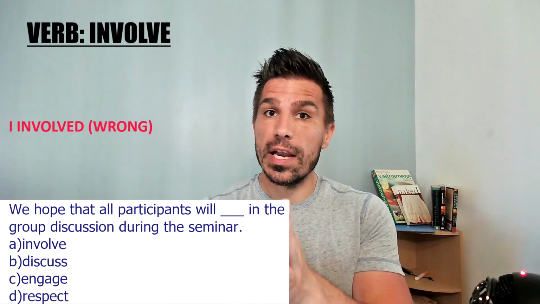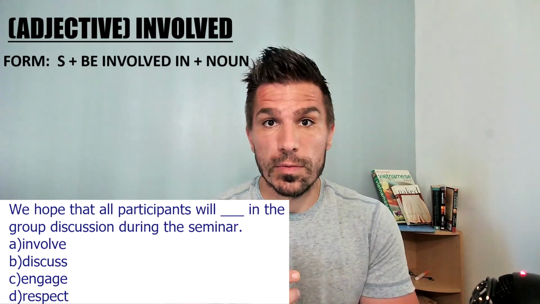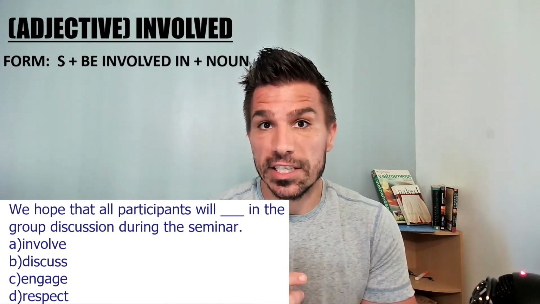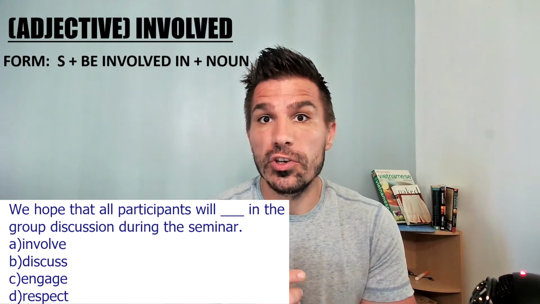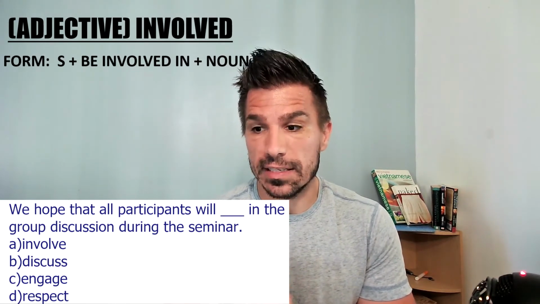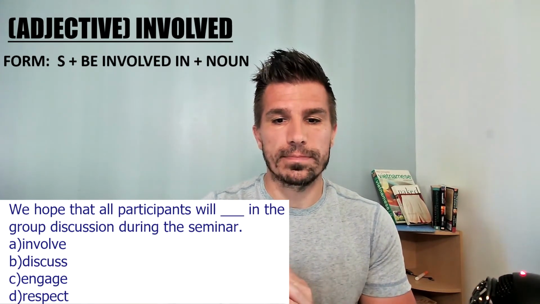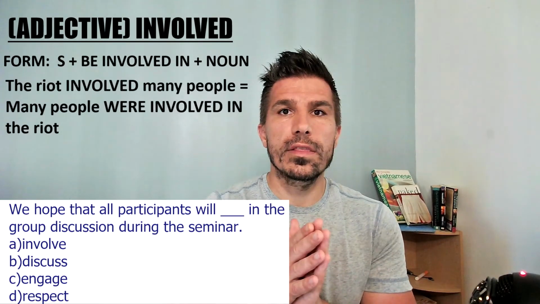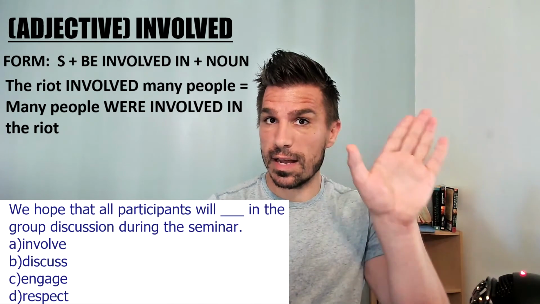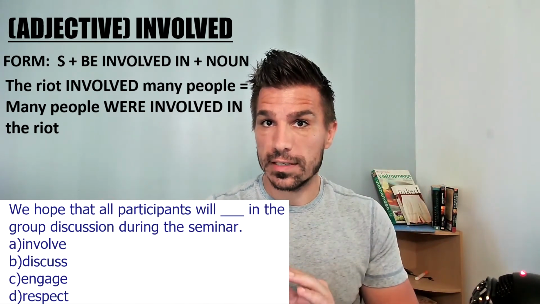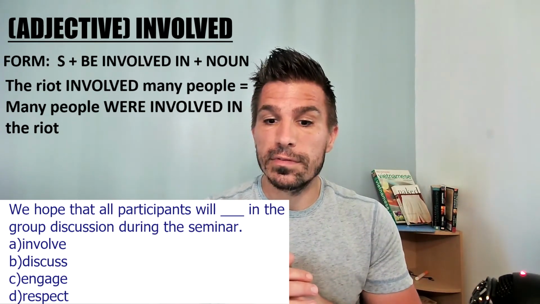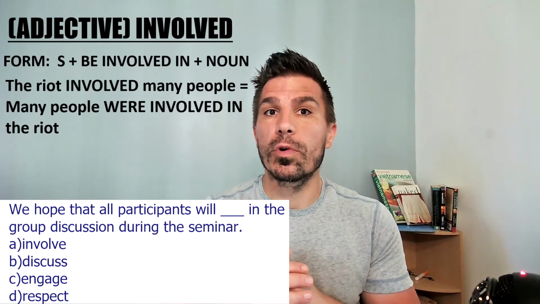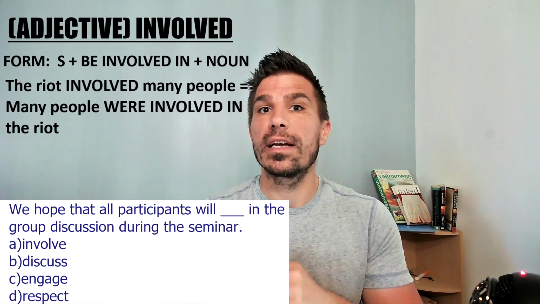Now I know why people make this mistake, because when you use the adjective involved, you have in after the adjective. The riot involved many people. Perfect. Subject involves object. But as the adjective, many people were involved in the riot.